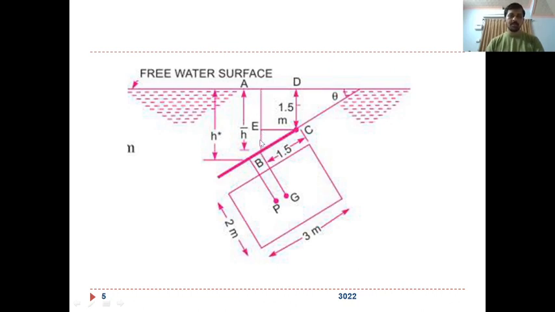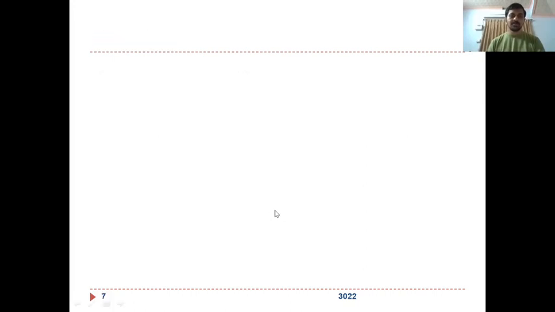So AE is 1.5 meter, similar to CD, right? AE is similar to DC or CD. Now EB could be evaluated using the trigonometric relation. This angle is theta, which is given.